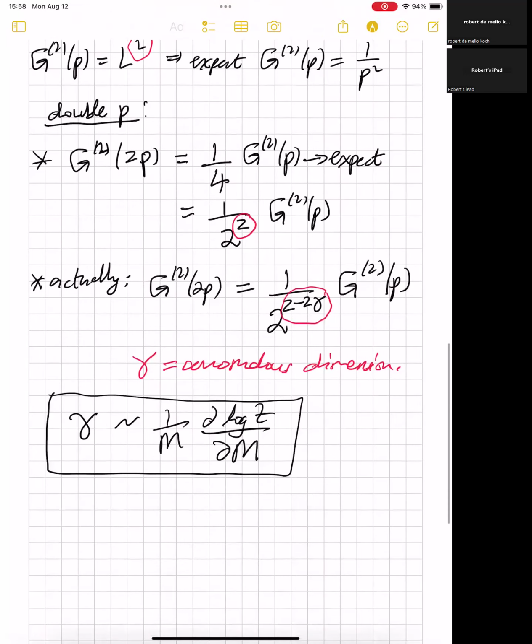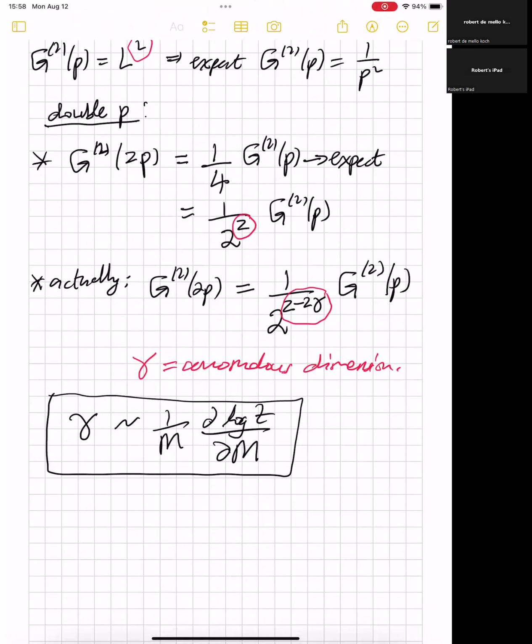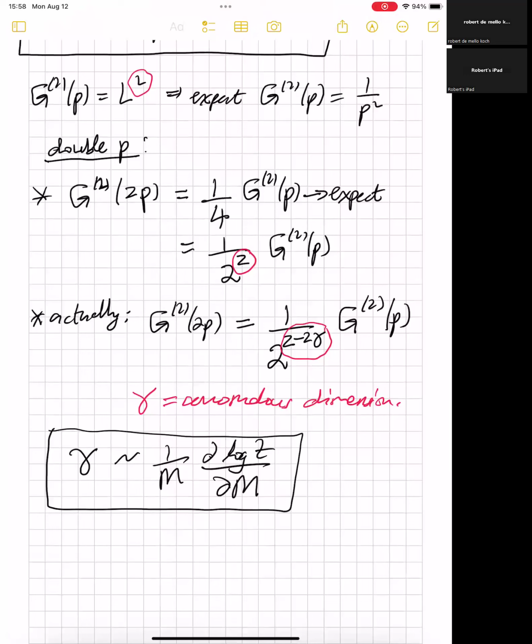And that extra rescaling is what the wave function normalization does, and that ends up causing the Green's function to scale in an anomalous way. It no longer scales as if it has a dimension of 2, it scales as if it has a dimension of 2 minus 2 gamma. So that's why gamma is called the anomalous dimension.